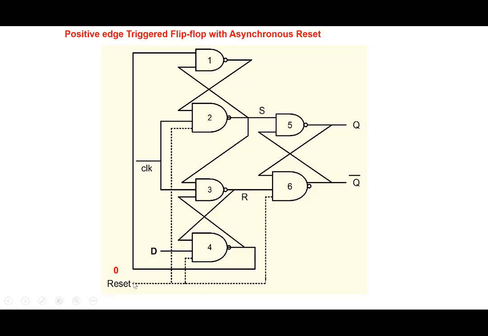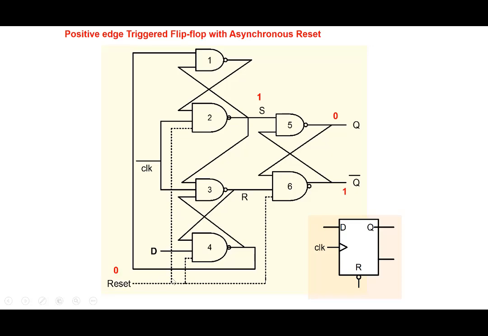So reset is 0. Note that if reset is 0, this is 1, and in this case it is active low. So when reset is put equal to 0 here, this 0 goes here, 0 will make it 1. And we've seen that when S is equal to 1, it forces the output Q to go to 0. So we say that the reset pin or the clear pin is active low.